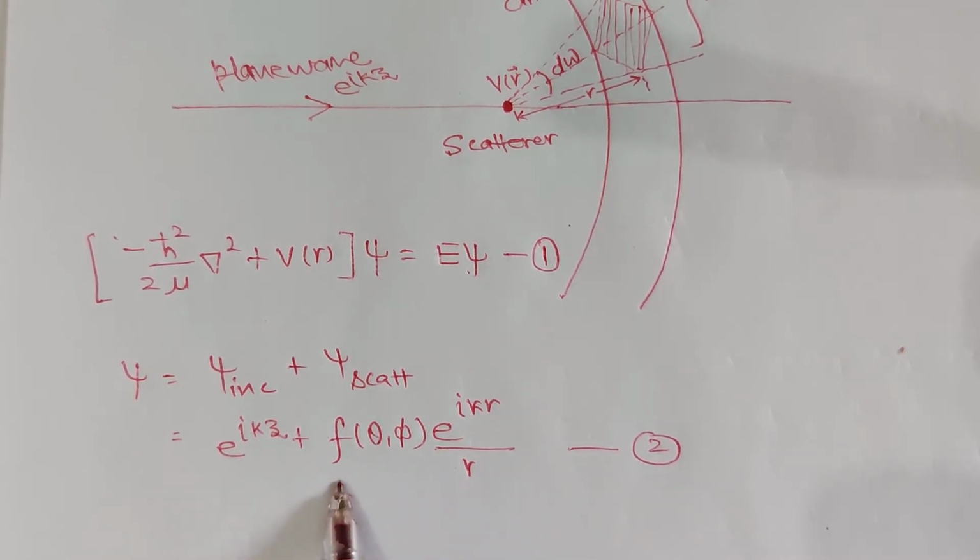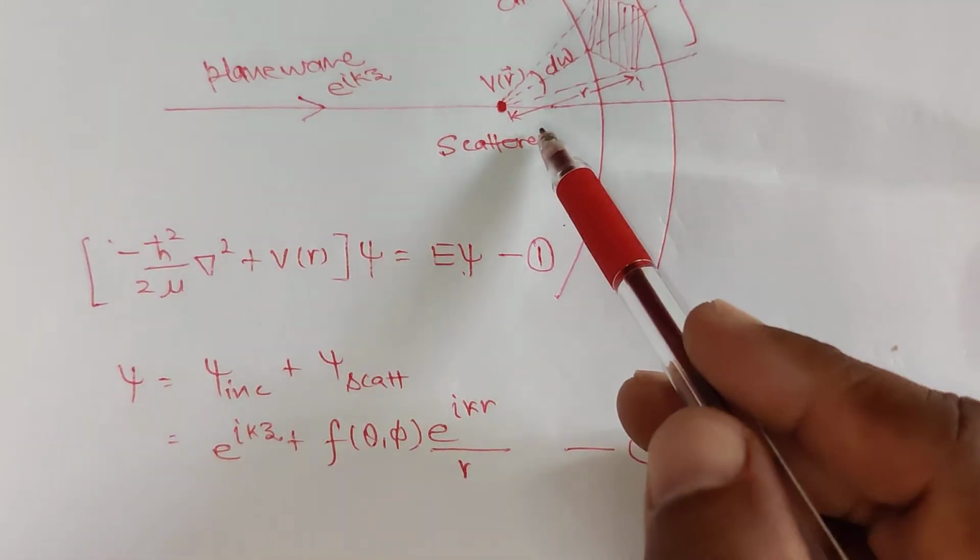Here f theta phi is independent of r and is known as the scattering amplitude. The intensity of the scattered spherical wave decreases with r, that is the distance from the scattering center. This is r.